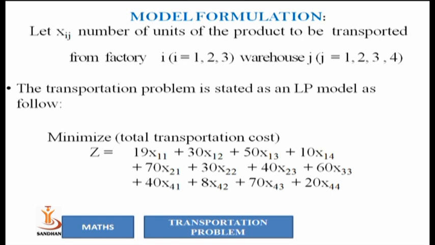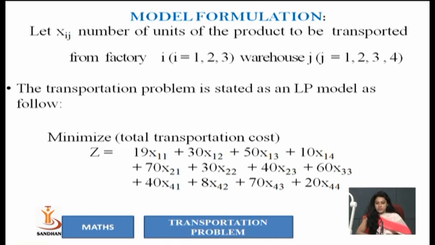Our problem is to minimize the total transportation cost, denoted by Z, which is 19 into X11. Here 19 is the transportation cost and X11 is the number of units that we will try to find out. So we can say that in the problem shown above, the total transportation cost Z is equal to the sum of the products of all the transportation costs and the respective units.